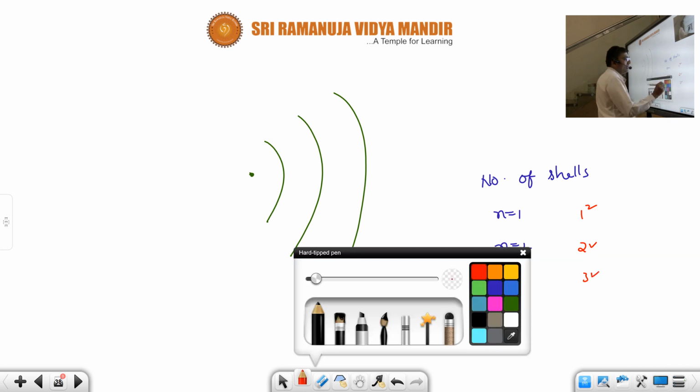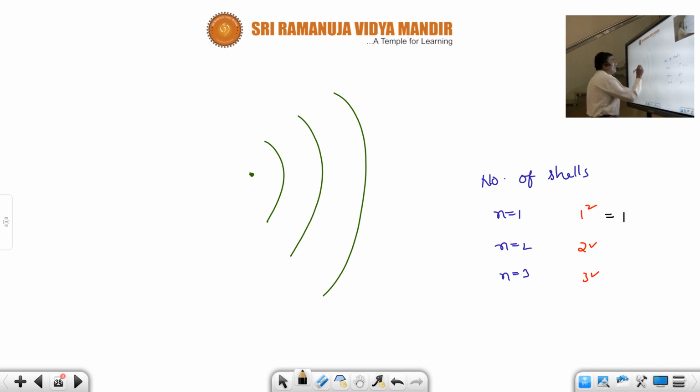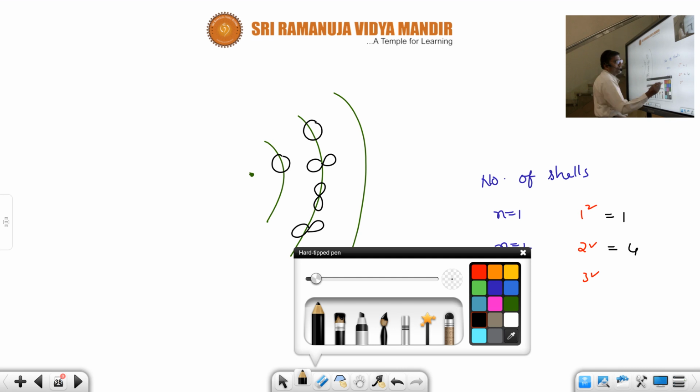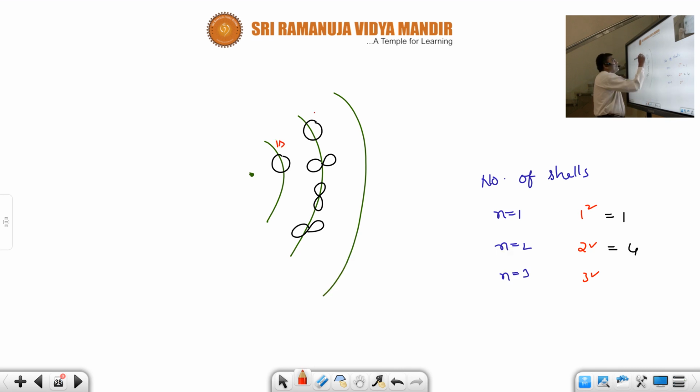In the first orbit, how many can you have? Only 1. That is s orbital, only 1. In the second, you have 4. That is 1 s orbital and px, py and pz. Right? So, there are 4. So, this is 1s, 2s, 2px, 2py and 2pz.